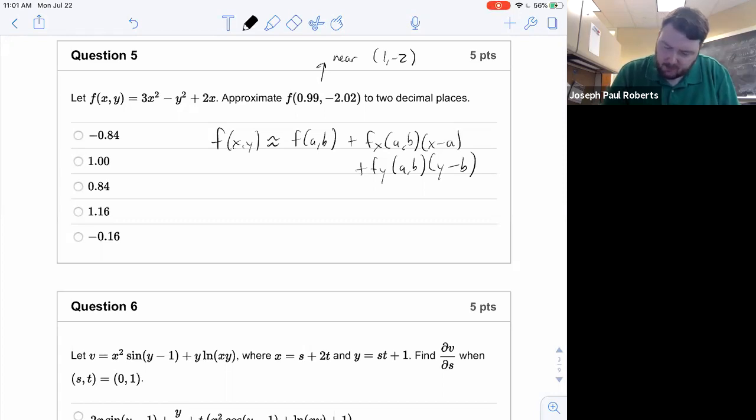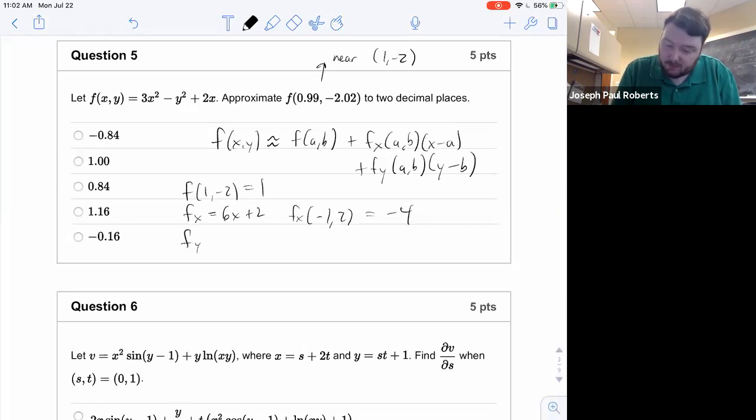Okay, and then so what do we have to figure out? We have to figure out that f of 1, minus 2 is what? 3, minus 4 is negative 1, plus 2 is 1. The x partial is 6x plus 2. The x partial at minus 1, 2 is minus 4. The y partial is minus 2y.